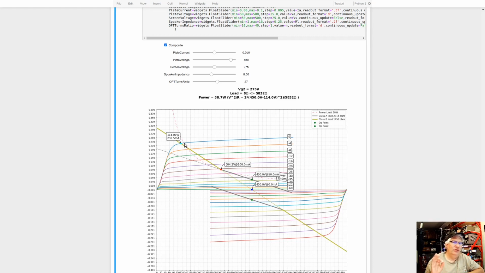All right, that's one thing. The other thing you want is the matching of the tubes themselves. Make it so this transition from here through this AB operation down to here, you want that to be as linear as possible. And in order to get that to be linear, you've got to have several things.